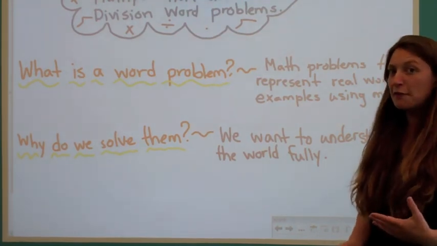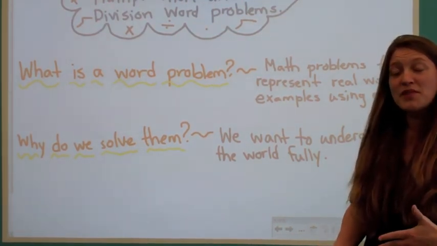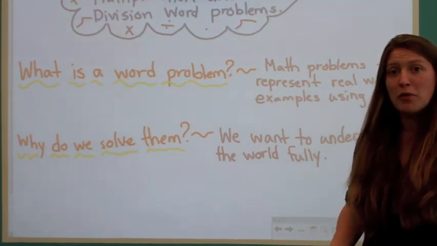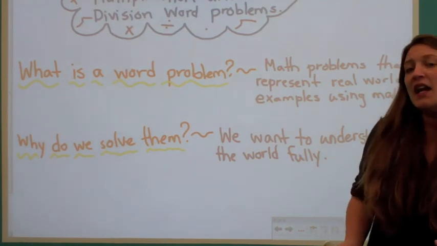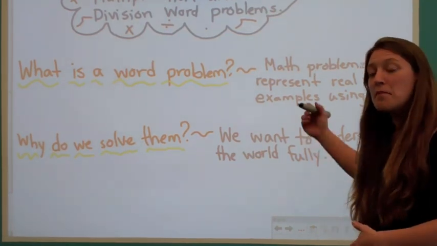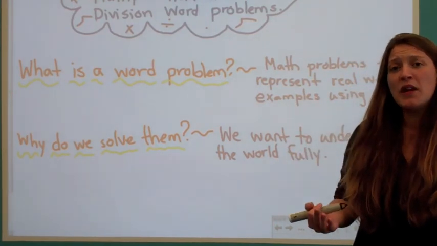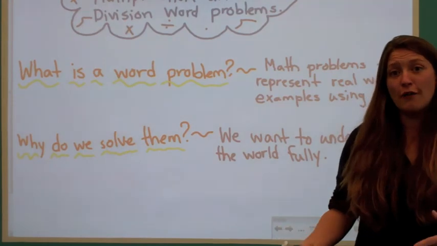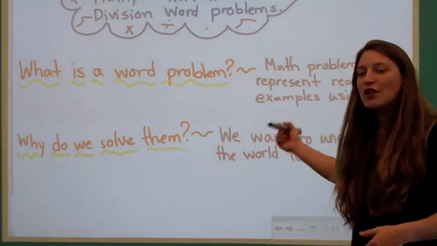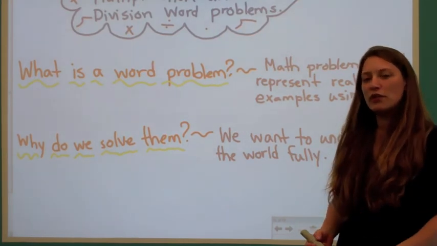Why is it important for us as fourth graders to solve multiplication problems via a word problem? It's because we want to understand the world fully. If we can't understand that multiplication and division is related to the world in some way, we're not going to have a full understanding of what the world has to offer. So make sure that when you're solving these problems, you're understanding, oh yeah, I can see how this would relate to the world.